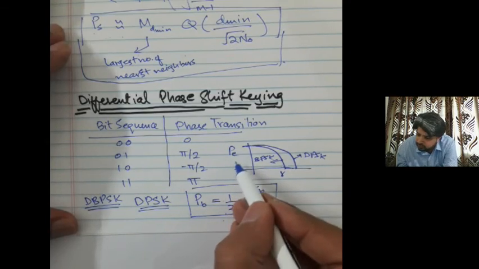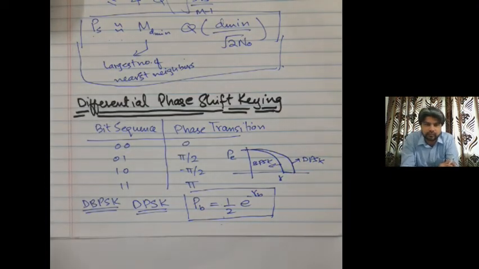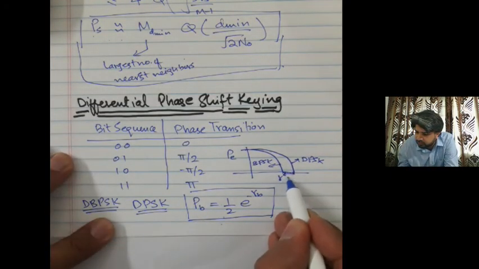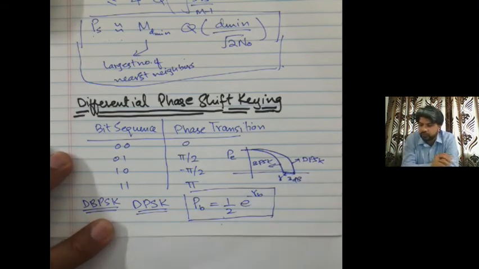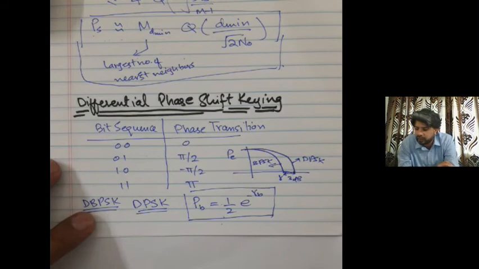In this case, the symbol error probability would be equal to the bit error probability, so these are one and the same thing. You would always get a 3 dB penalty. So you have to transmit 3 dB more power in order to get the same error probability with DPSK as compared to BPSK. So that is one point.